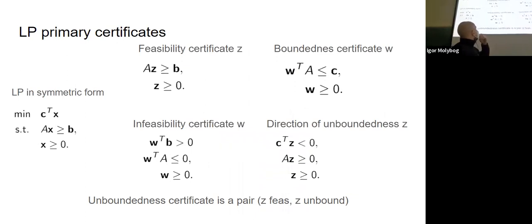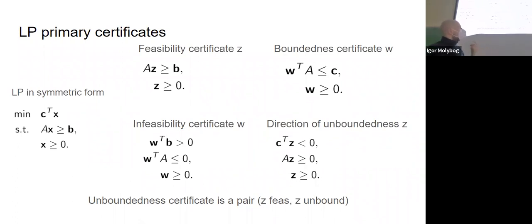If you have a problem in symmetric form, or really the same thing can be derived for any kind of form of an LP program, but specifically if you have converted your problem to symmetric form, there are 4 types of certificates you might be interested in.